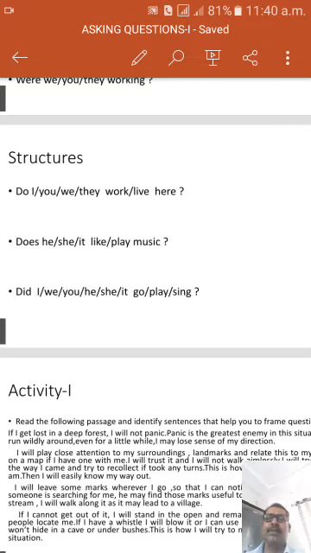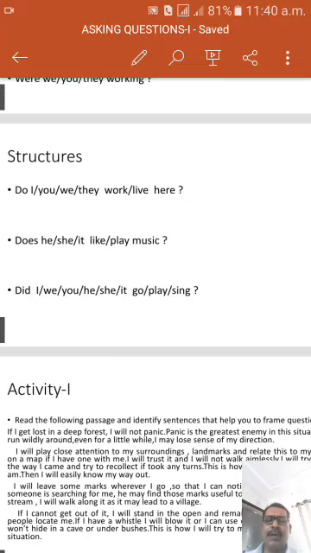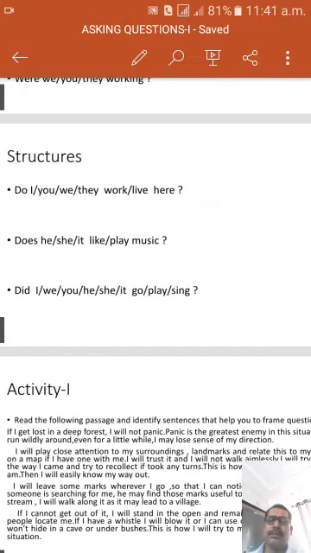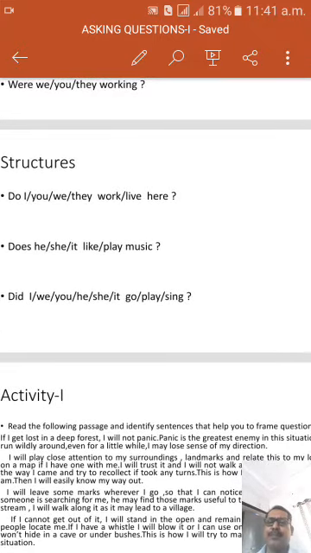In the third example we used the verbs go, play, sing. So all these verbs are in V1 form. So irrespective of the tense of the questioning word, we use V1 with do, does, did. So this you have to remember.